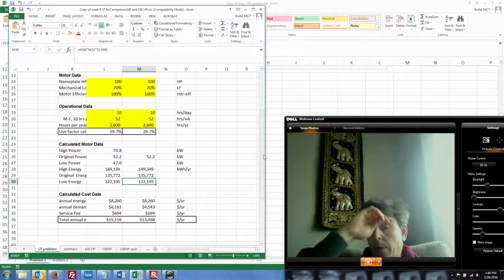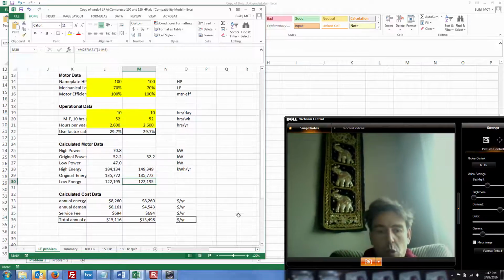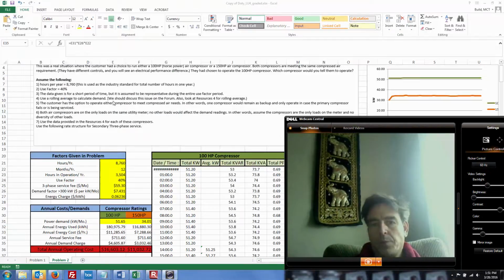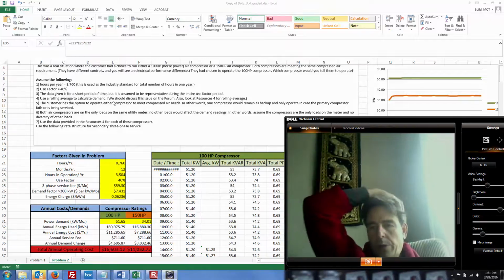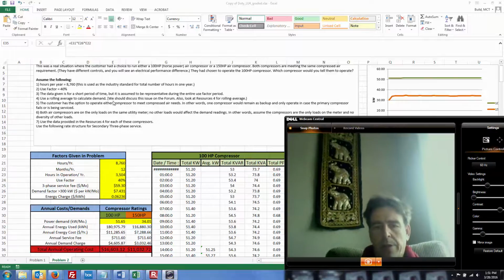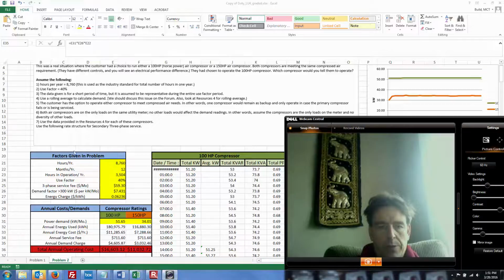All right, tiny pause, then I'll get it back to problem 2, which asked us to compare the 100 to the 150. Okay, this next problem, I think what you came up with there, Sean, is a little bit different from Fraser. There's just a couple little subtleties, but your basic approach was correct. So I'm just going to use Doty's solution here as the correct one. So factors given in problem, and again we're on problem 4.